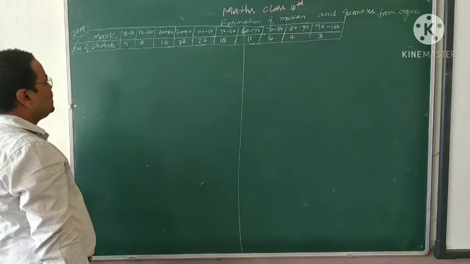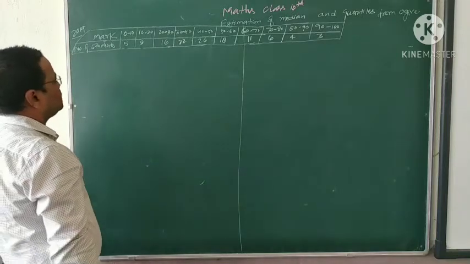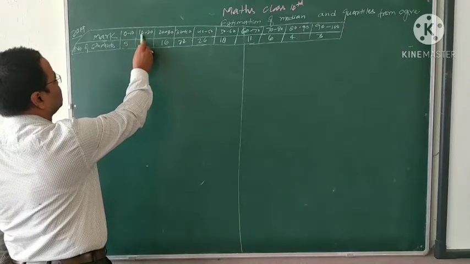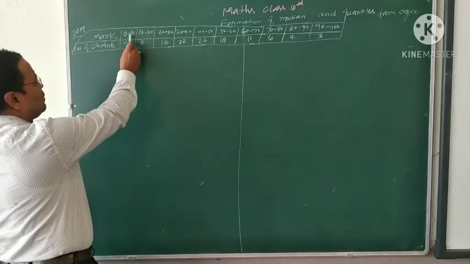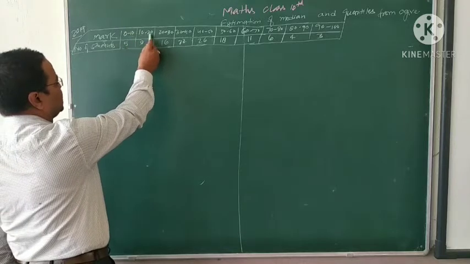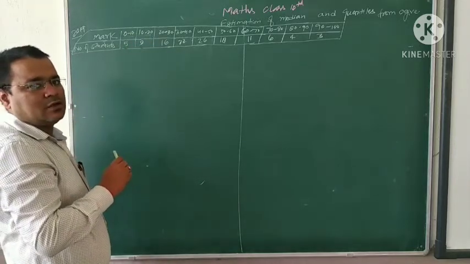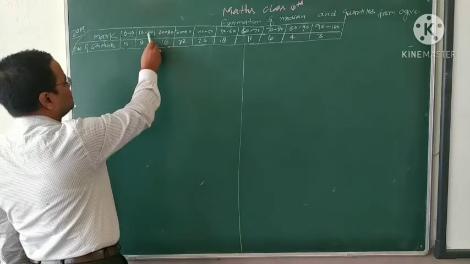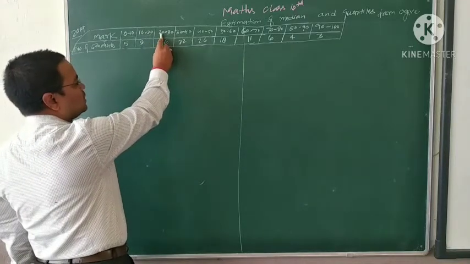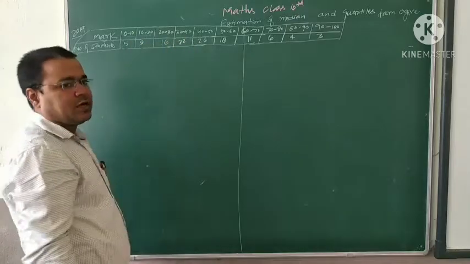If we concentrate on the class intervals, we find that for 0 to 10 and 10 to 20, the upper limit of the first class interval is equal to the lower limit of the second class. Then the upper limit of the second class interval is equal to the lower limit of the third class. It means this is continuous.